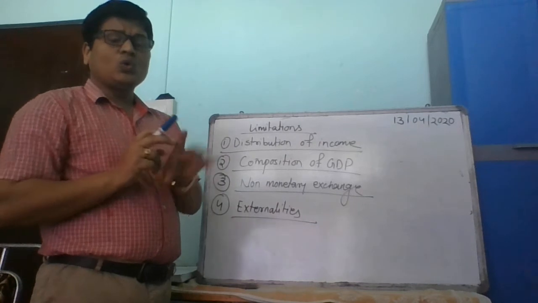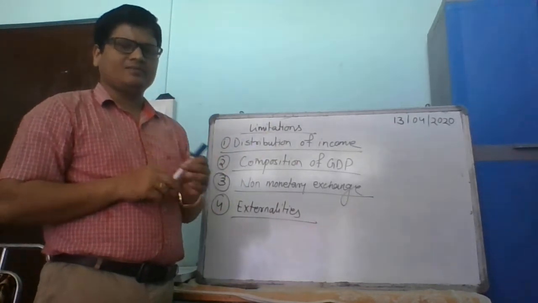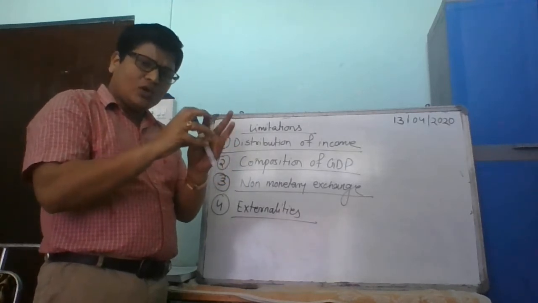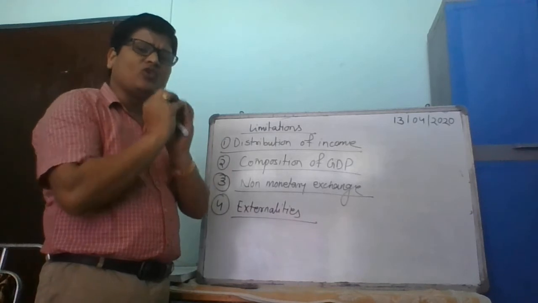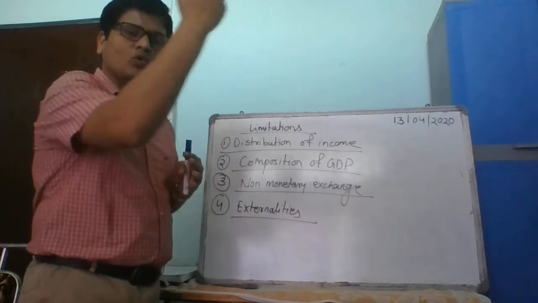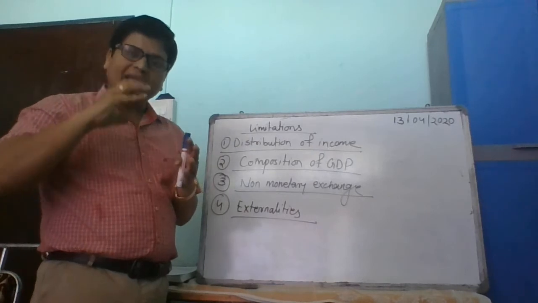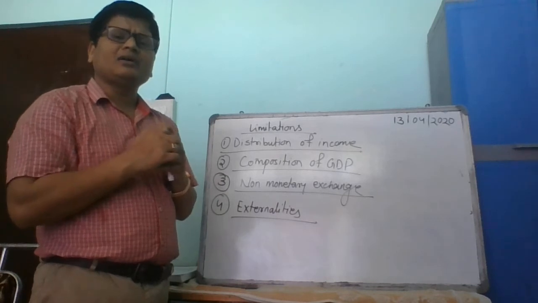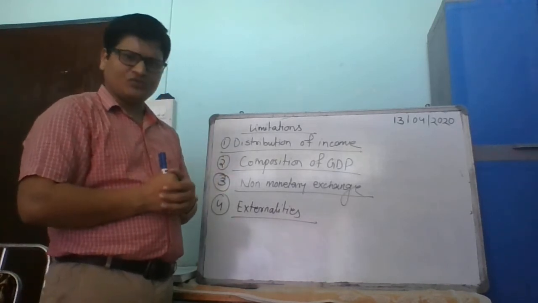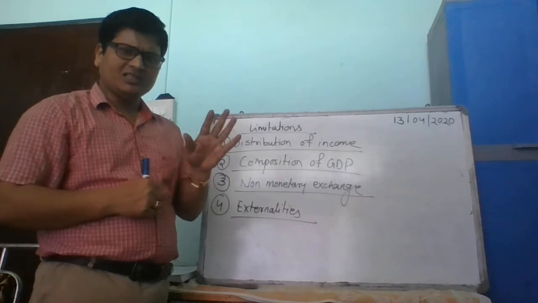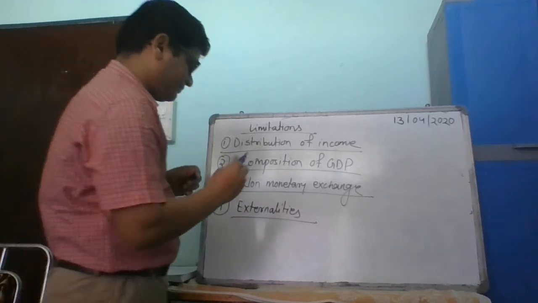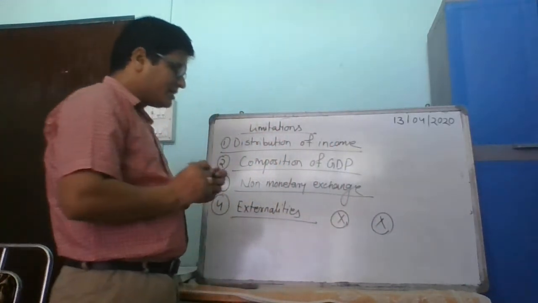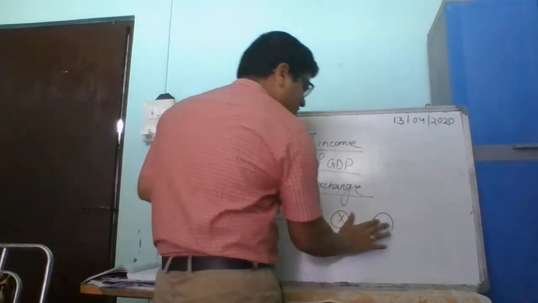Externalities means good or bad impact of any economic activity on the economy, without paying anything for the good impact and without penalty for the bad impacts. Is it clear? Suppose there are two economic agents, X and Y.